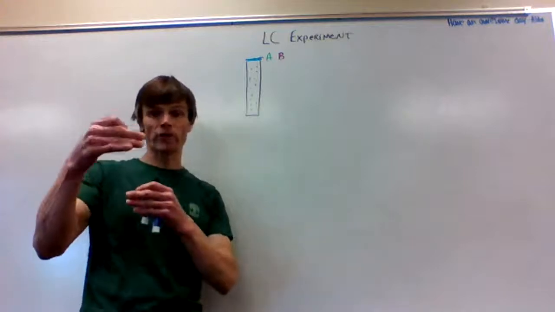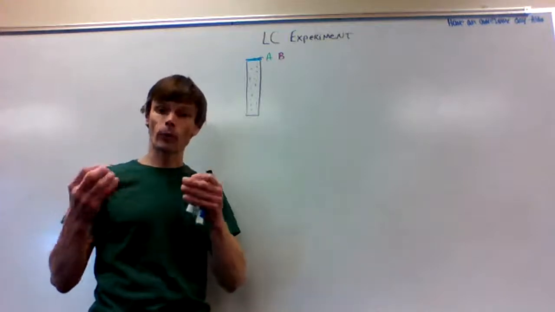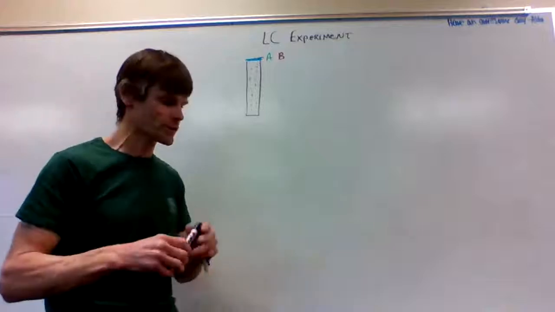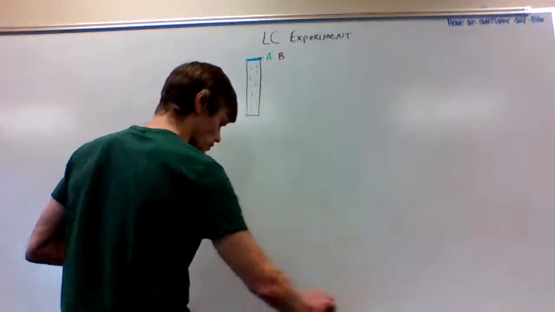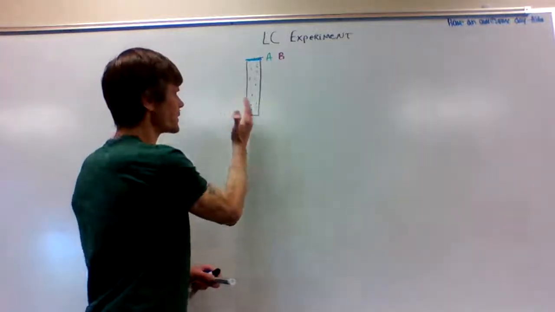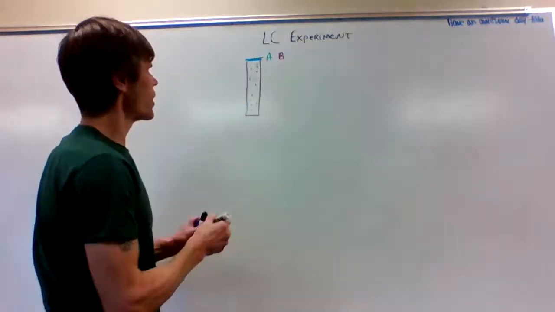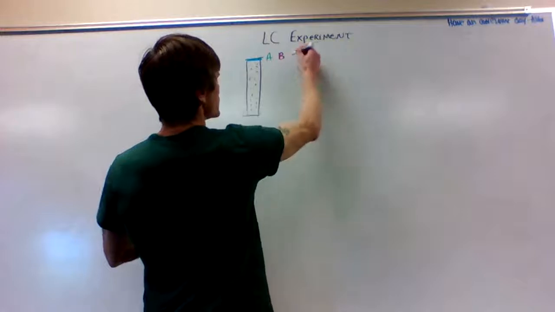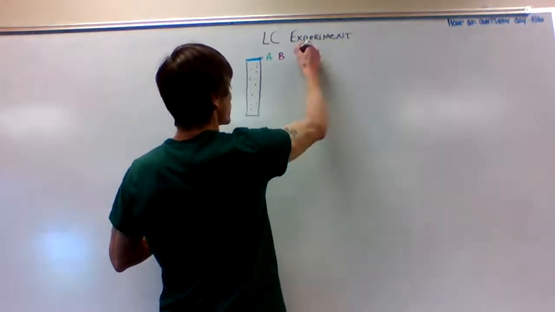And we're going to encourage those to separate. And what we would see during the course of this separation process, if this was a transparent column, we would see band separation.